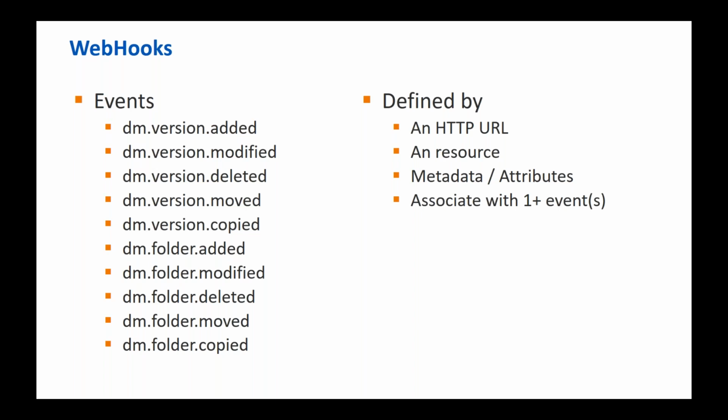You attach it to a resource, for example, a file version or a folder. You can attach your own metadata as attributes, so when you call me, please send me this information with it. And you can associate a resource with multiple events. So you may be interested to get notified when a version is added or deleted, but not when it's modified or moved. So you can just subscribe to these two notifications instead of everything.